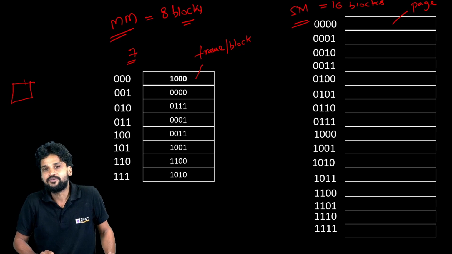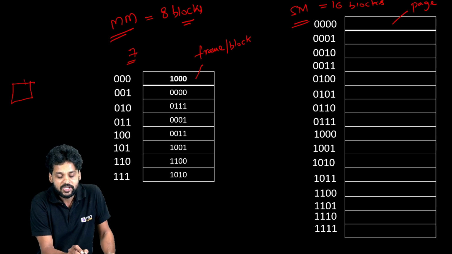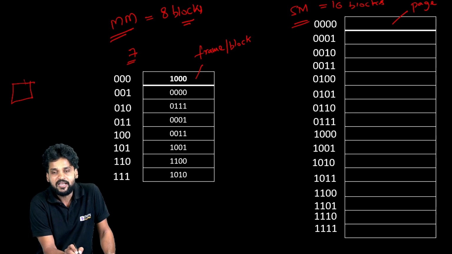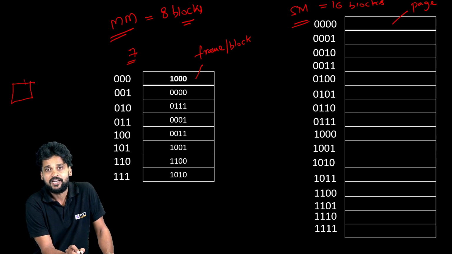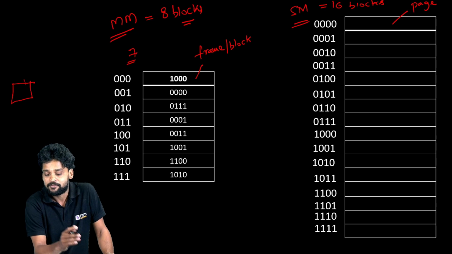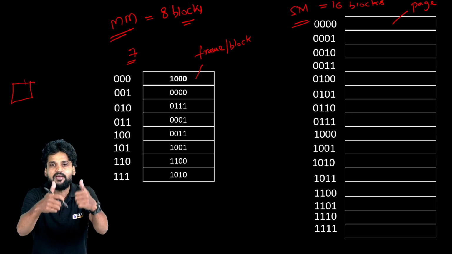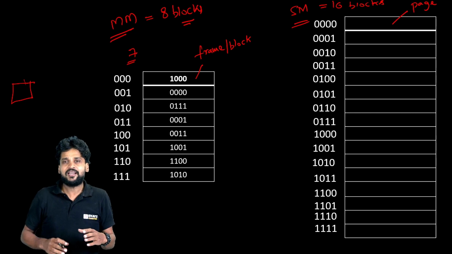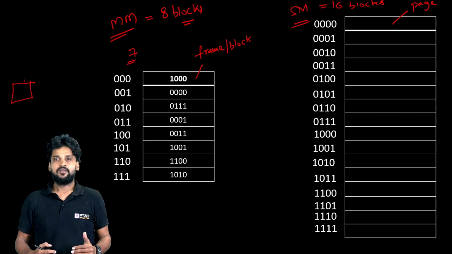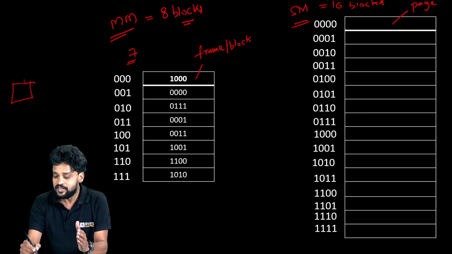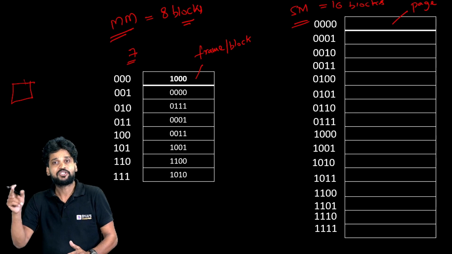So, the CPU will ask for anything only from the main memory. The main memory should be able to provide anything asked by the CPU. For that, we should be able to make a transfer from the secondary memory to the main memory.